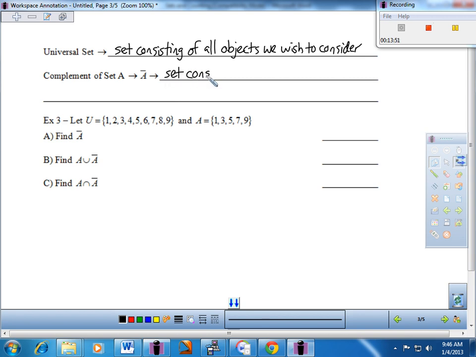So it's the set consisting of all elements in the universal set, so jot that in there for me, but not in set A.